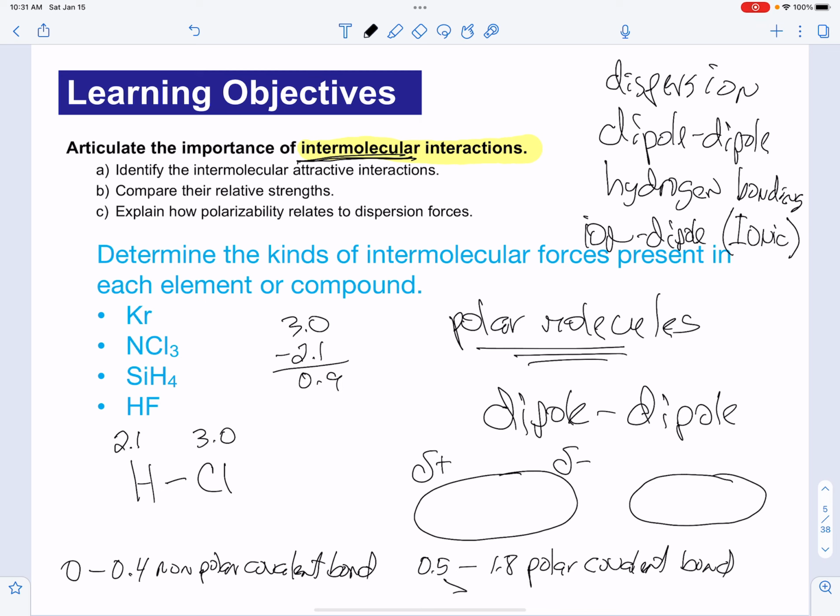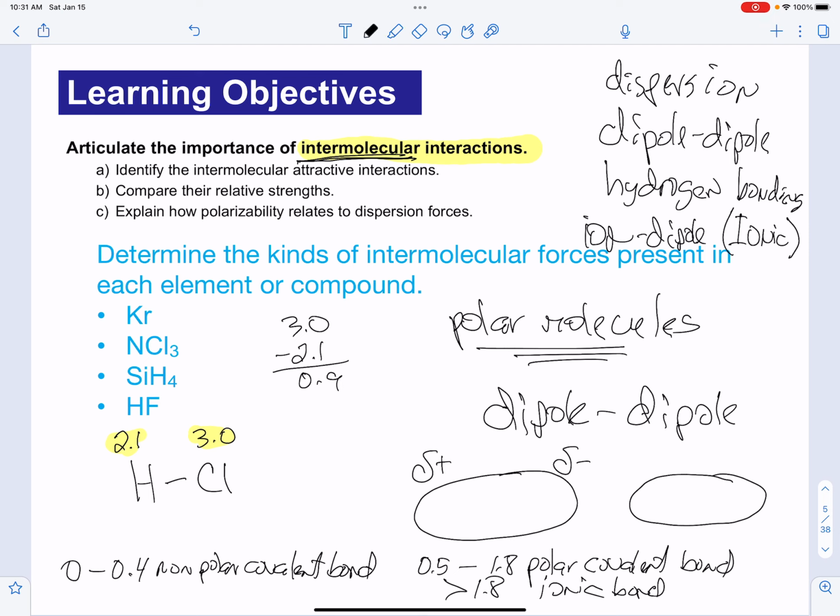And anything bigger than 1.8 is going to give you an ionic bond. So by knowing the electronegativities of the elements on a bond, you can determine the polarity of that bond.